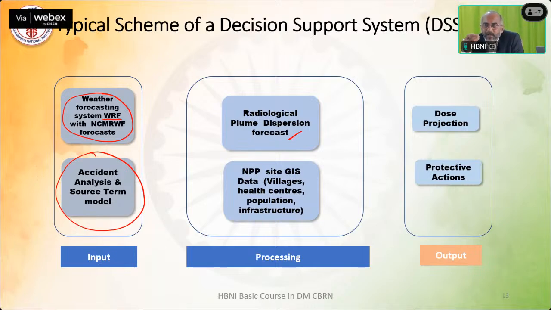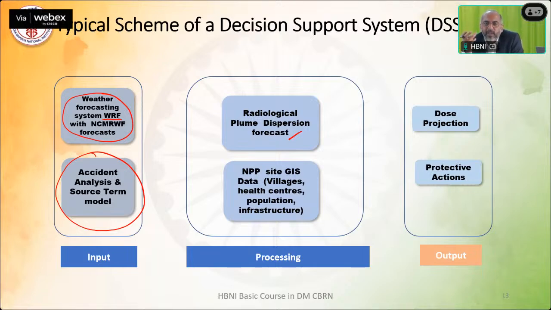Not all accidents will release the same amount. So the radionuclides released from the plant will be different for different accident conditions. This we call the source term.